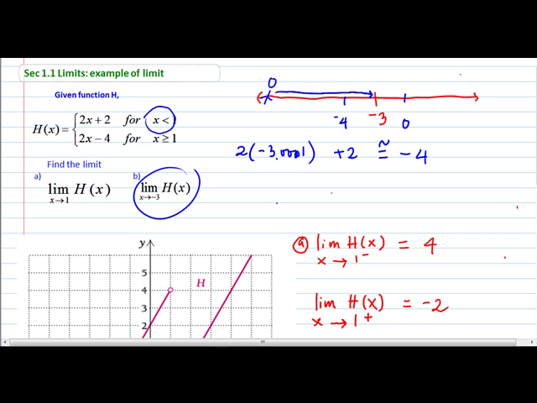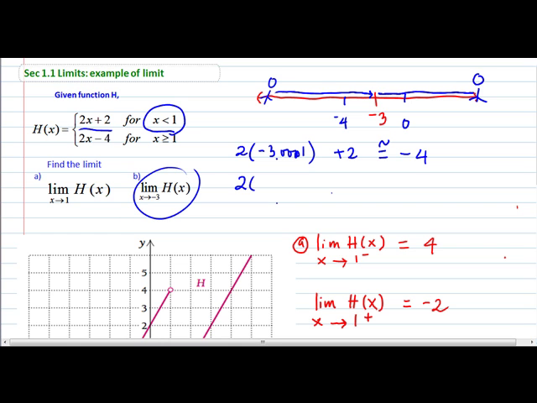You can do the same thing when you find the limit approaching minus 3 from the right. When I go from the right, I approach very close to minus 3, approximately minus 2.999. Now minus 2.999 also belongs inside this domain because minus 2.999 is less than 1. So I'm using this line here to evaluate my limit.